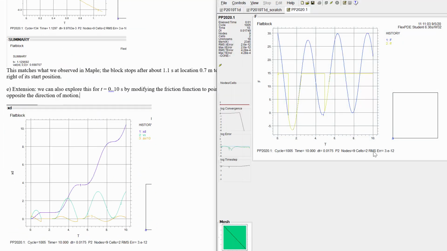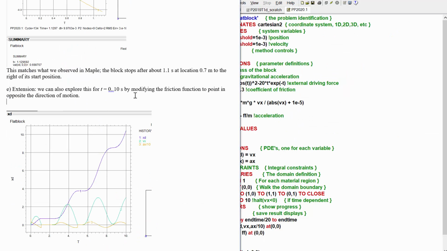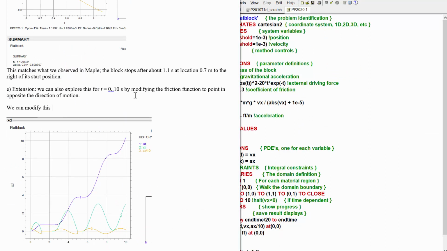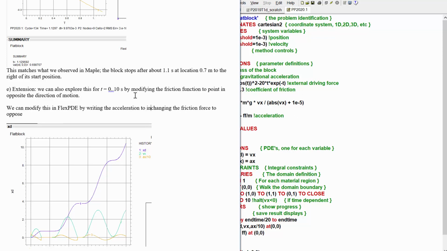So now let's say we can modify this. We can modify this in FlexPDE by changing the friction force to, let's say first, writing the acceleration to include the friction force directly.